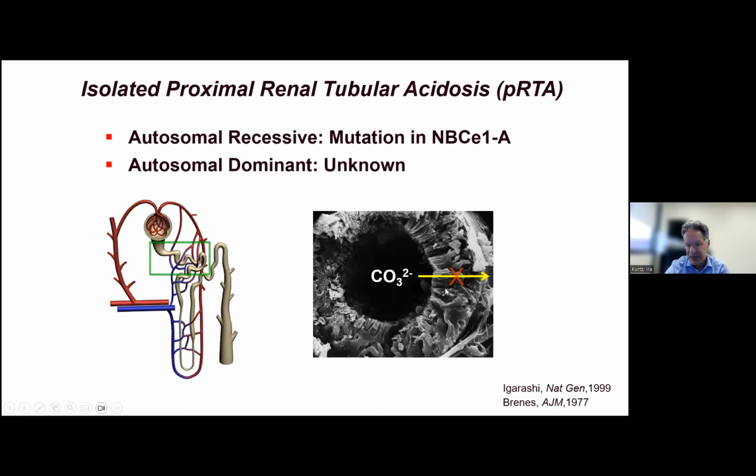This is the inside of the cell where carbonic anhydrase 2 is floating around. So bicarbonate can't get vectorially across this entire pathway, and you just end up dumping it all in the urine. And we'll talk about why the urine pH in the patient is low and not high in just a sec.